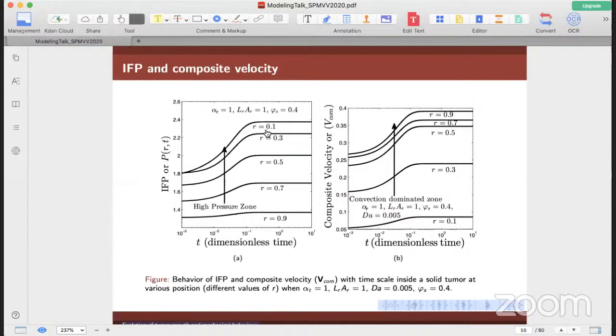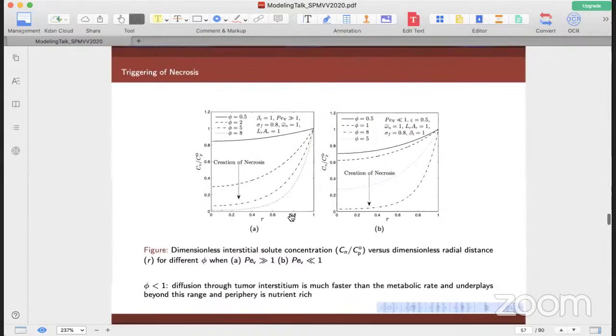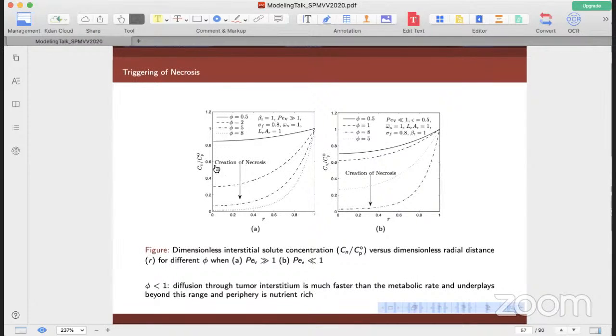Deep in the interior, when R is 0.1, the pressure is high because there are fewer macromolecules. Whereas when R is 0.9, towards the periphery, the pressure is low because you have more macromolecule transport. Then how the nutrient is transported from the tumor interior to the boundary, that has been estimated.